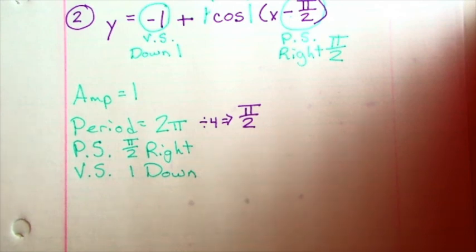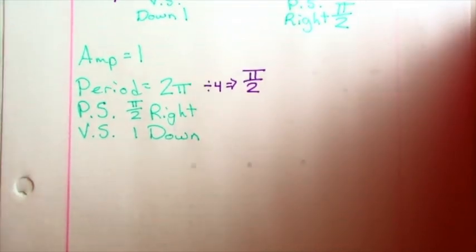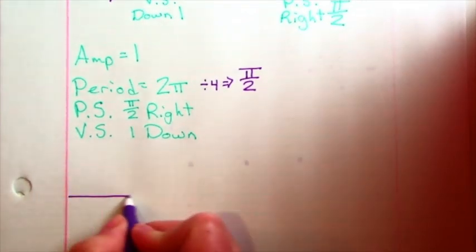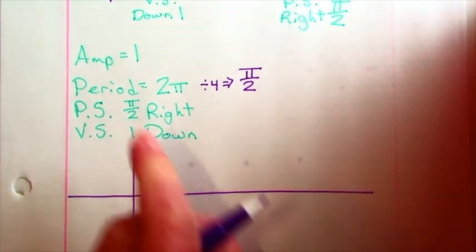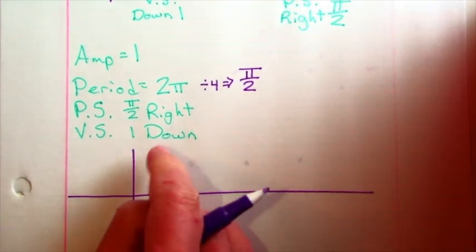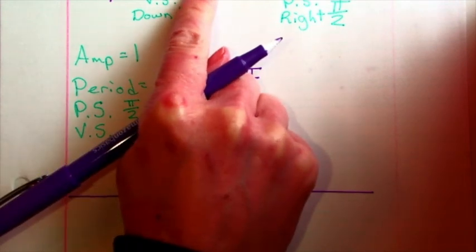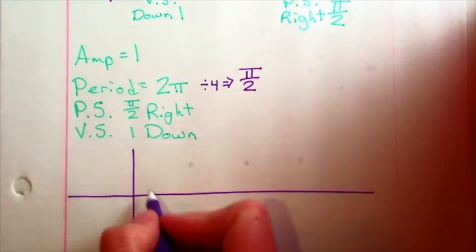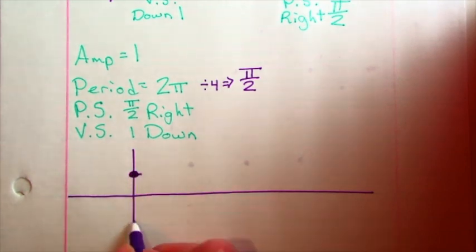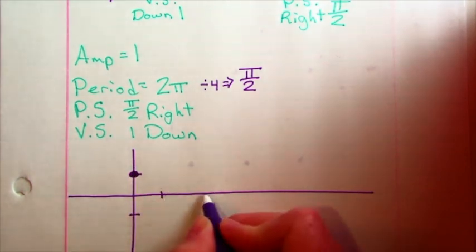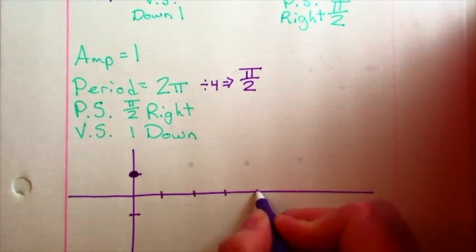So let's sketch this out and see what it actually looks like. Now I'm dealing with a cosine graph, so remember a cosine graph always starts at the a value. So for this one, it's going to start at 1. And then we need to split this up into pi over 2 pieces.